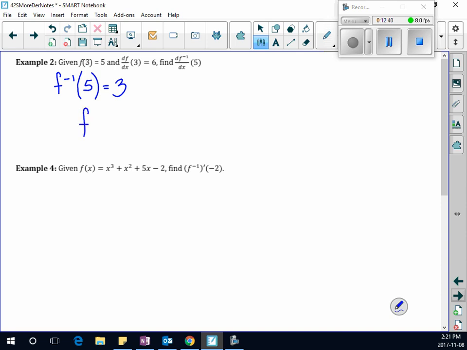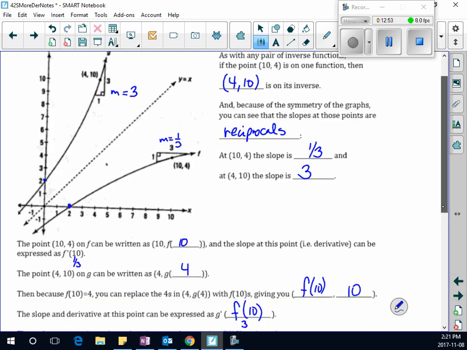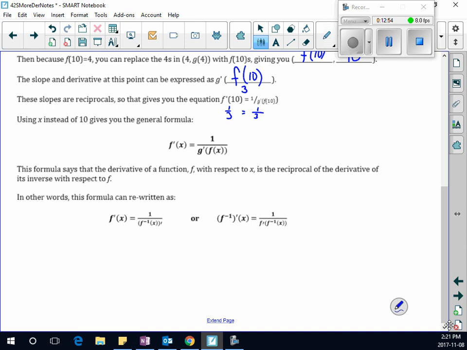So we're trying to find the inverse derivative. The inverse derivative function is kind of a goofy way to write it. Remember our formula back here: it's the same thing as what I just wrote, 1 over the derivative of that inverse function at that.